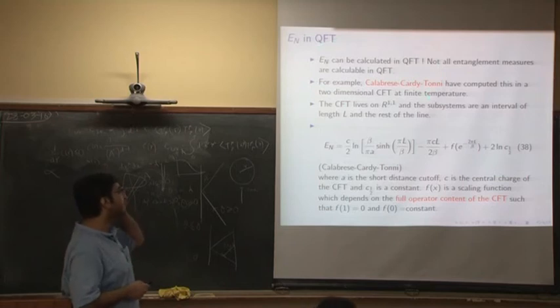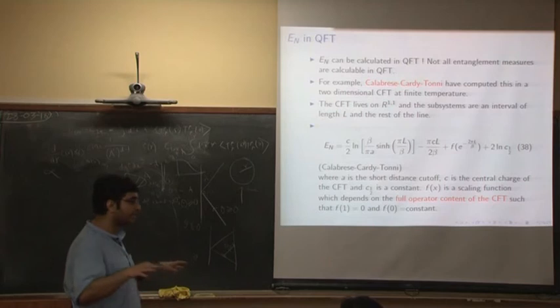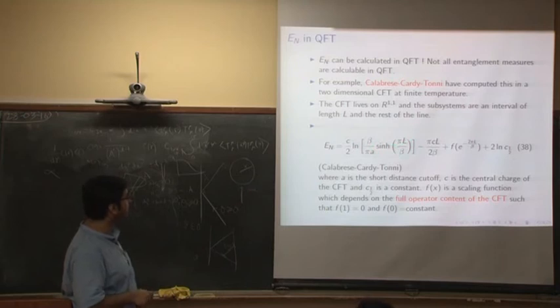Quite recently, Calabrese, Cardy and Tonni actually computed it for a 1+1 dimensional conformal field theory at finite temperature, so the CFT lives on R^{1,1}, just flat space-time. I should not say one can compute the entanglement negativity; one can write it down in this form.